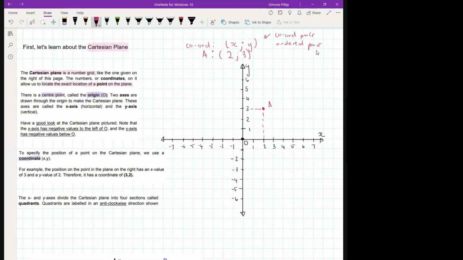Okay, and so if we have to look at another example, let's look at point B over here. What are the coordinates for my point B? Well, firstly, I know I want to have brackets. I know I want to have a semicolon in the middle. I know this first number in my brackets has to be my x value. So let's draw this dotted line up until my x-axis, and I see that it gives me -5.